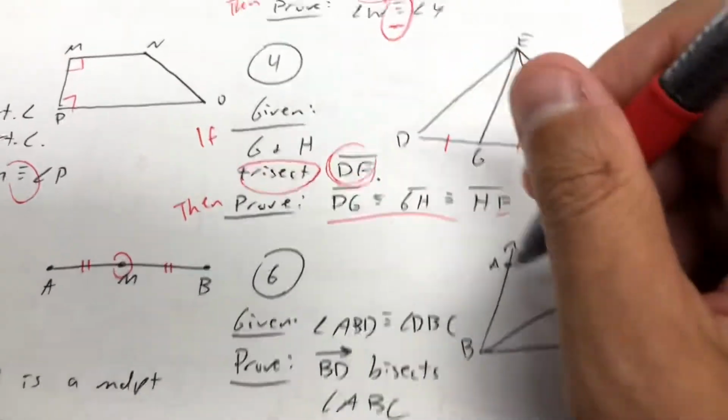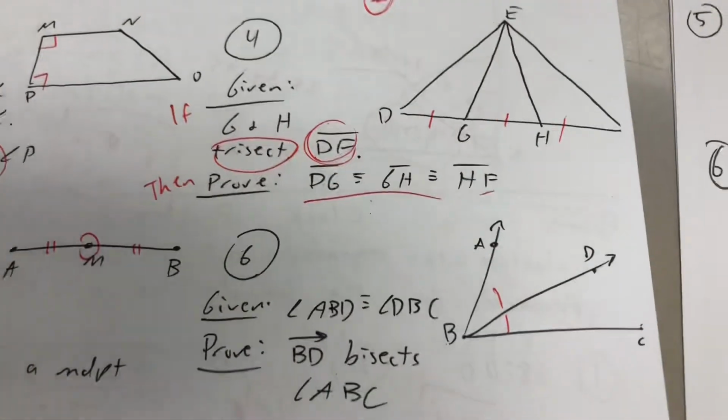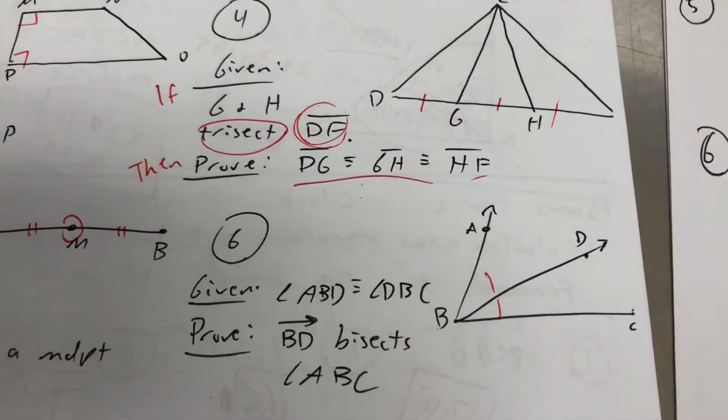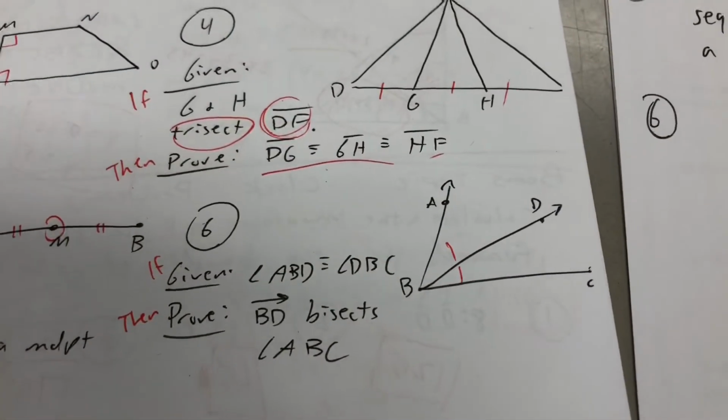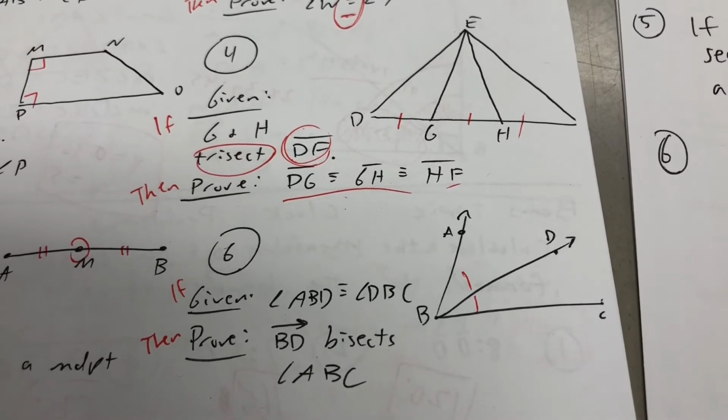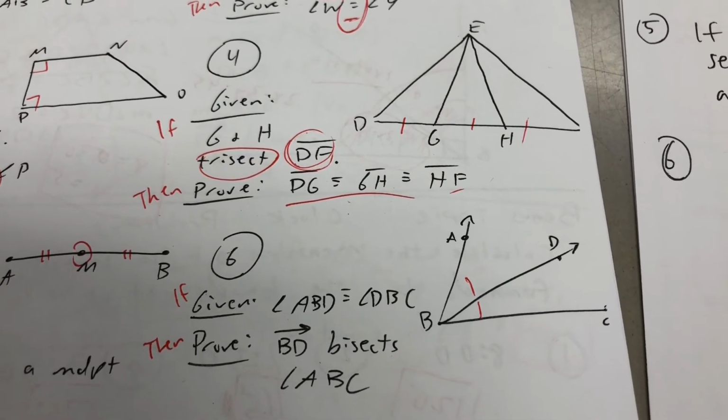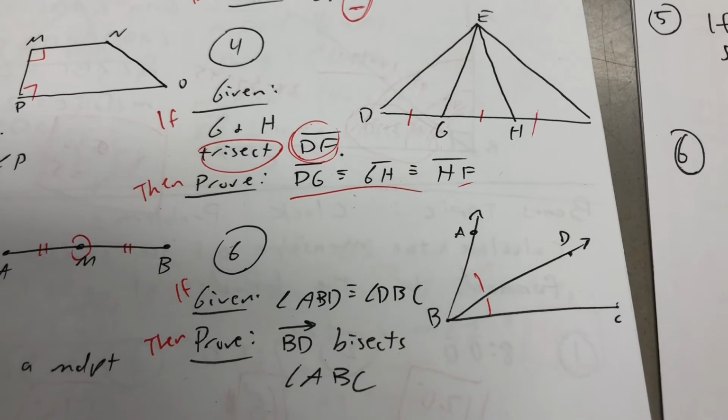All right, and final one here. We've got two congruent angles, these guys right here, and we want to say that the angle's been bisected. So my if part has something to do with the given, then part has something to do with the proof. Basically want to say something about an angle being divided into two congruent angles, meaning that it was bisected, okay?